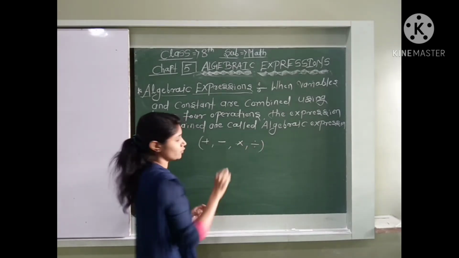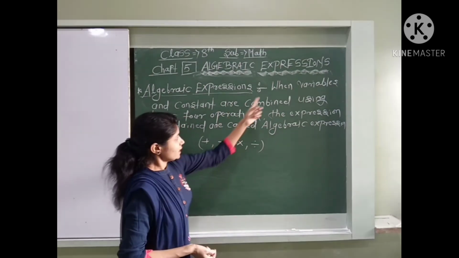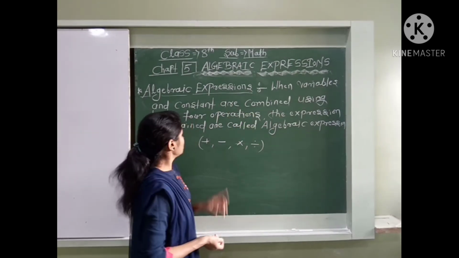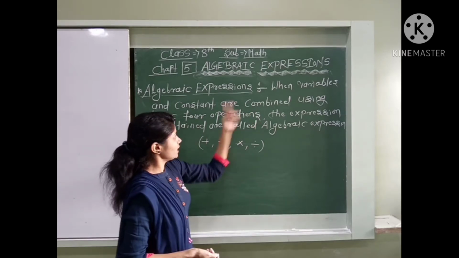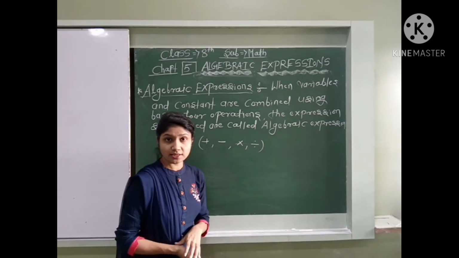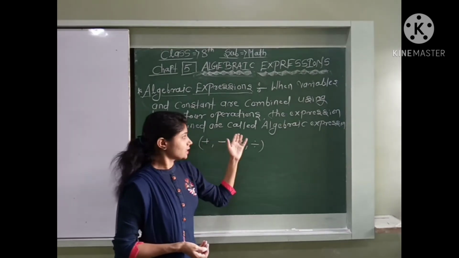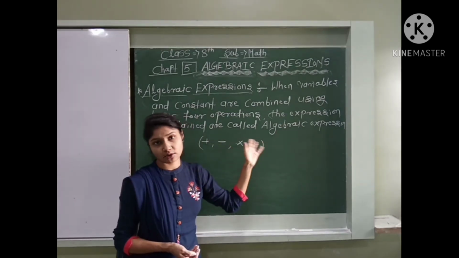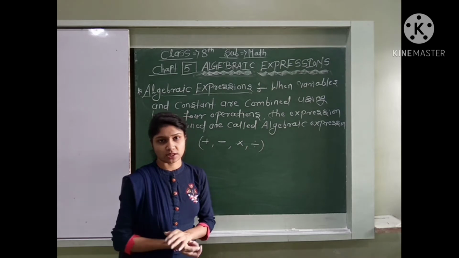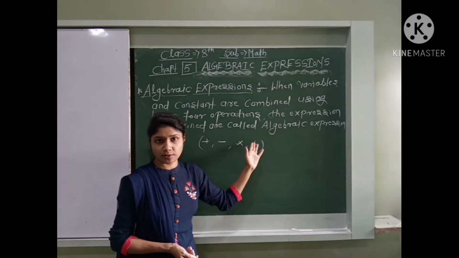These are the four basic operations of mathematics. When variables and constants are combined using the basic four operations, the expressions obtained are called algebraic expressions. This is the proper definition of an algebraic expression.